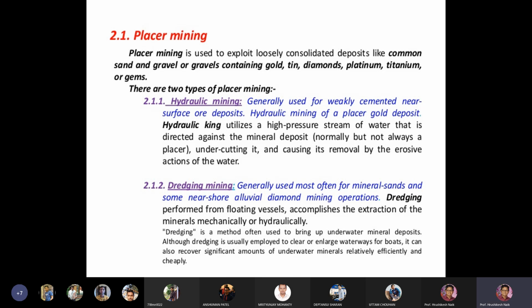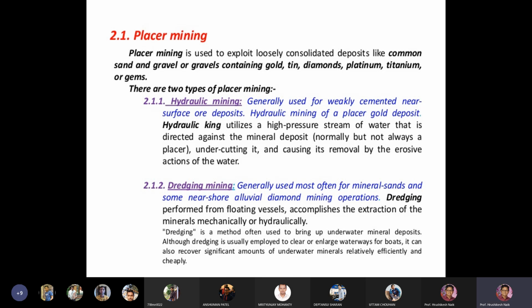So how is hydraulic mining carried out? A hydraulic giant or hydraulic monitor utilizes a high pressure stream of water.